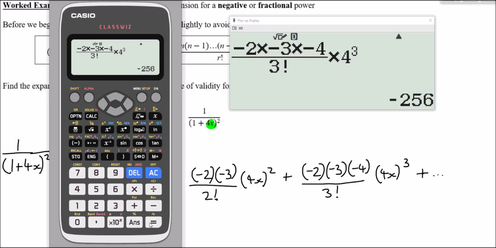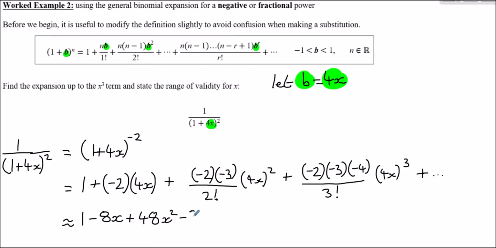And if we do that, we'd get negative 256x cubed. So that there is the expansion of 1 over (1 plus 4x) squared for the first 4 terms, or in other words, up to the terms in x cubed.